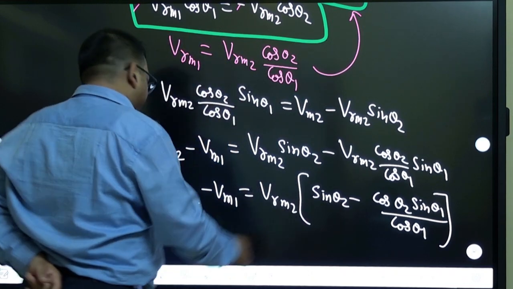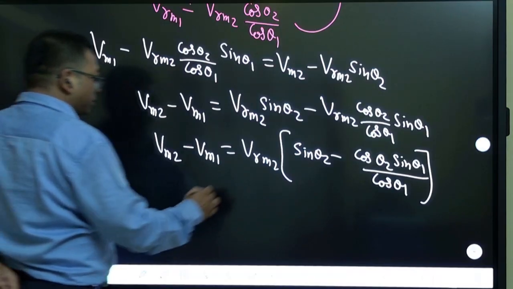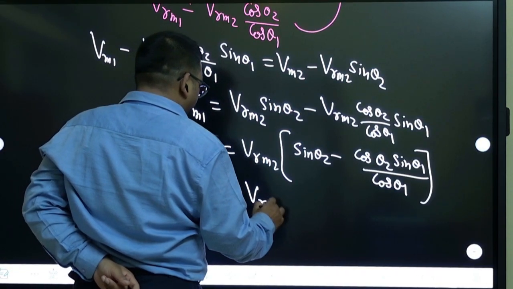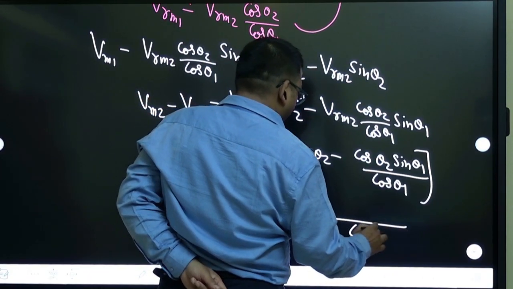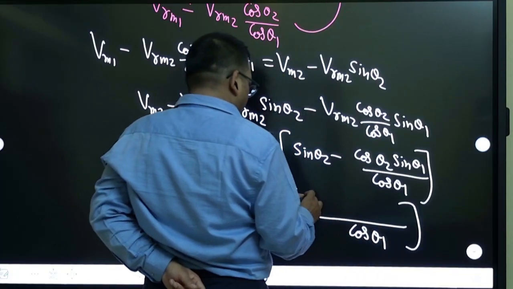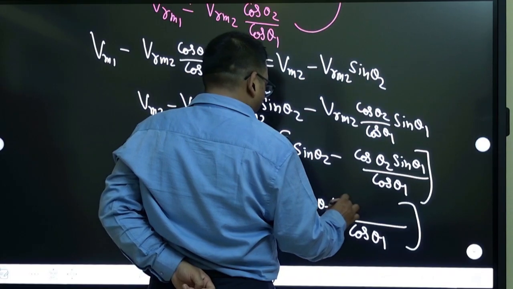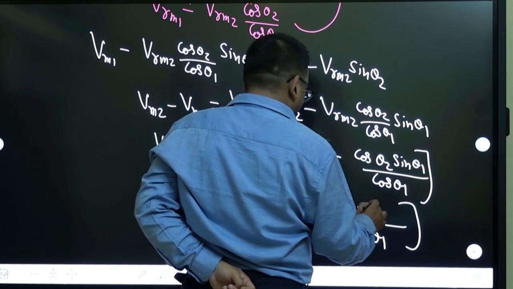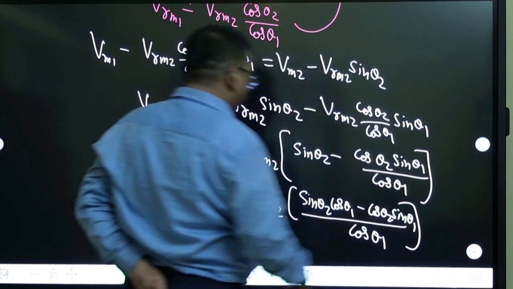Now I think some trigonometry simplification will come. Let's do that. Take Vrm2 and here take the LCM. So sin theta 2 cos theta 1 minus cos theta 2 sin theta 1. Tell me, is there any formula?